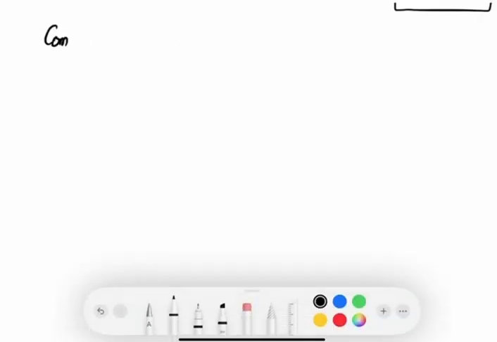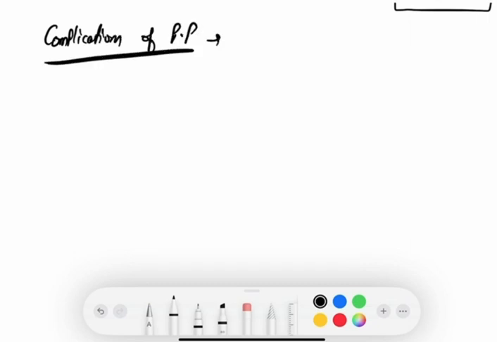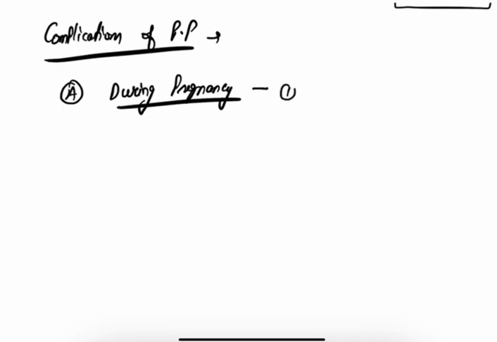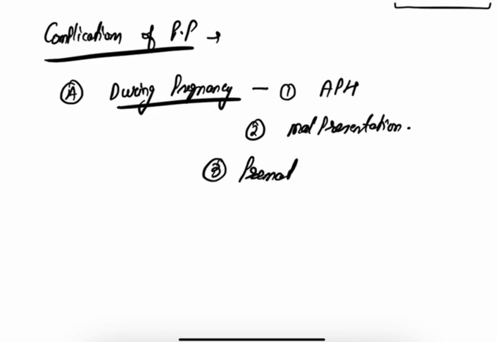Complications of placenta previa. During pregnancy, antepartum hemorrhage can lead to malpresentation and can lead to premature labor.